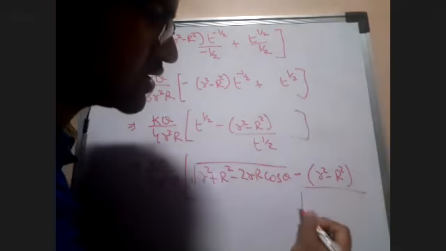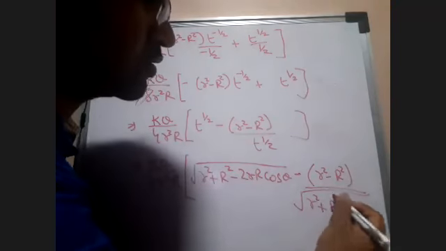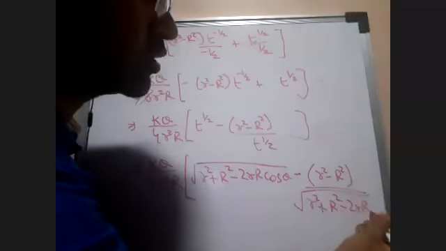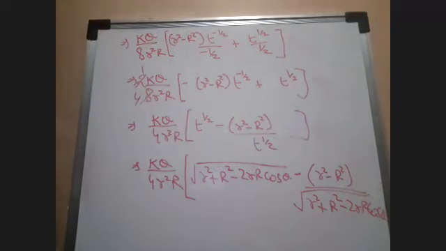It will be r square plus R square minus 2rR cos theta. I think that is not visible.